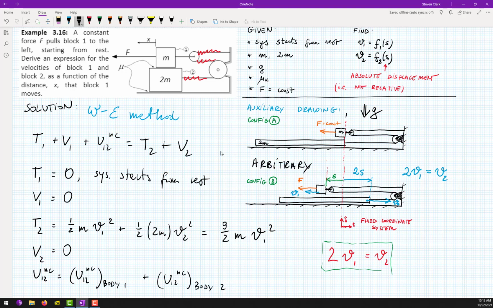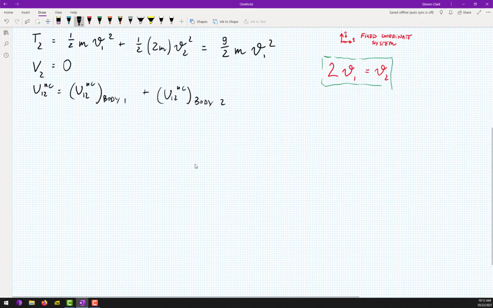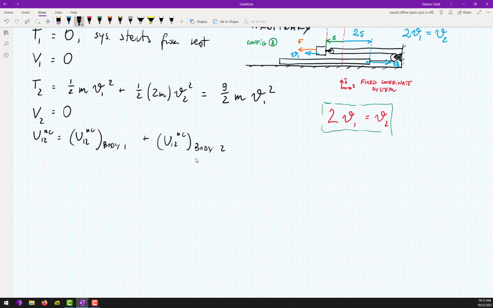That property is called additiveness. So work is an additive quantity. That means the work done on the entire system can be expressed as work done on one body plus work done on the other body. They add to each other, and we can do that. You can choose whichever style you want.